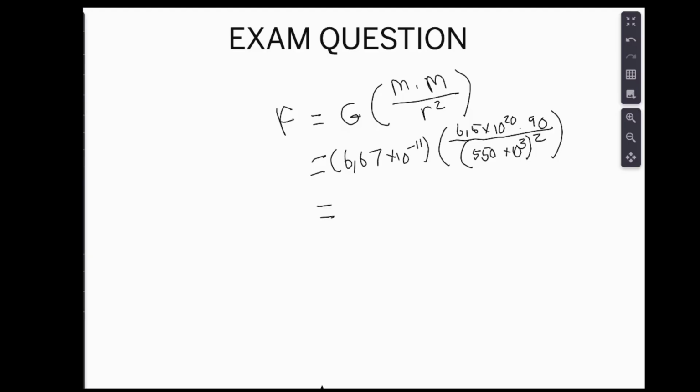And then that will give us the force. So we're going to say 6.67 times 10 to the negative 11, in brackets, multiplied by 6.5 times 10 to the 20 multiplied by 90, and all of that over 550 times 10 to the 3 to make it into meters, all of that squared.